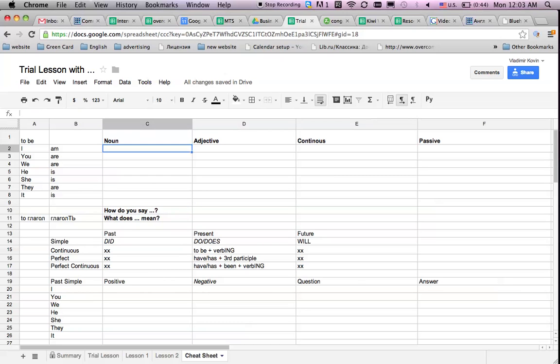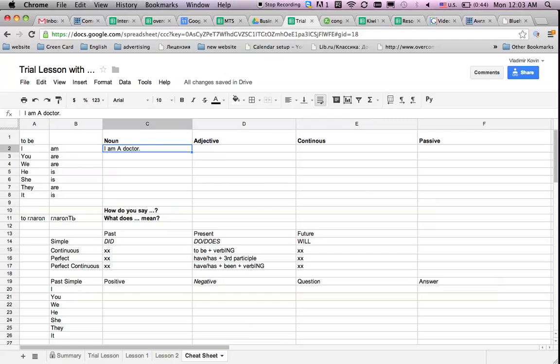So then you ask them to actually start making these sentences. They say "I am," and then they ask you how do you say doctor, and you say "doctor." Okay, so they say "doctor," right? But it's incorrect. You add a capital letter there, and you correct it right here in the same sentence.